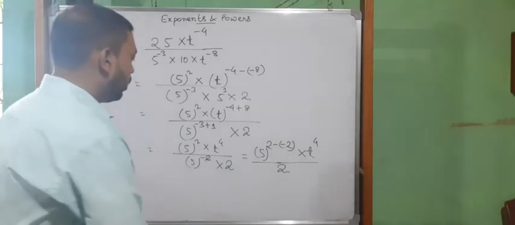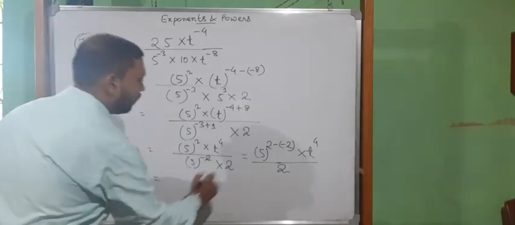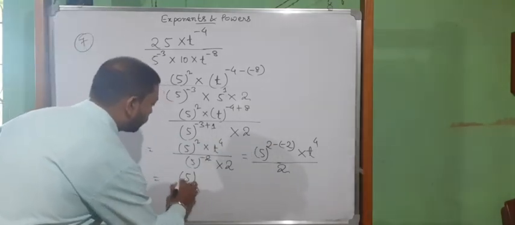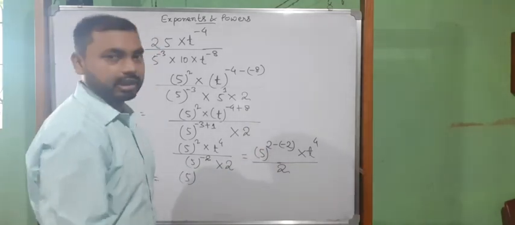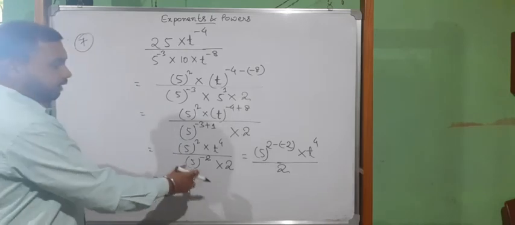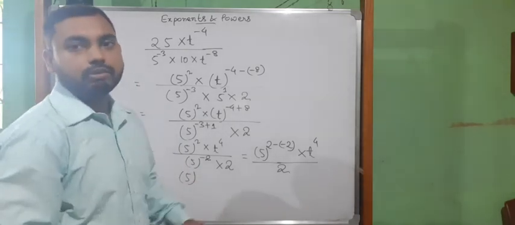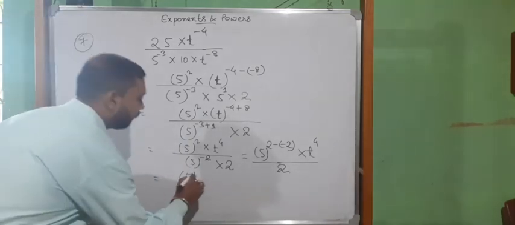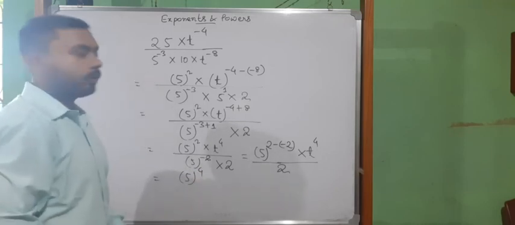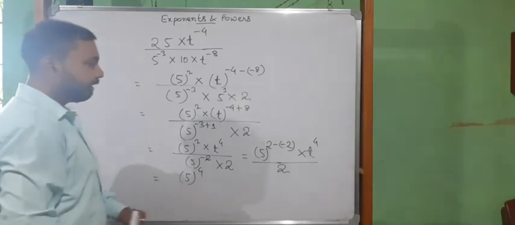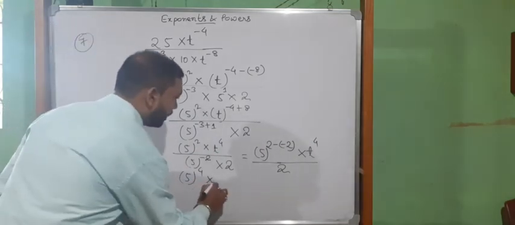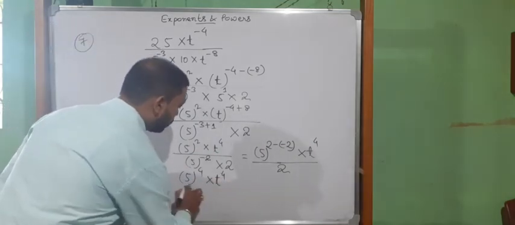Now what can we write? It is 5, and minus minus is plus. Let me write directly, as there is not so much space: 5 to the power 4, because minus minus becomes plus, so 2 plus 2 is 4. So I have written directly, divided by t to the power 4 and by 2.